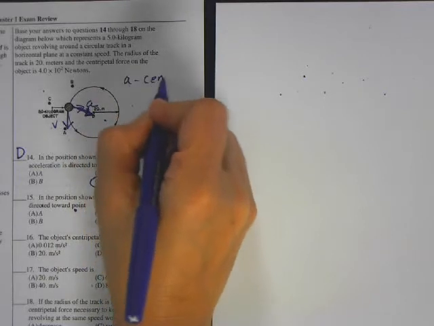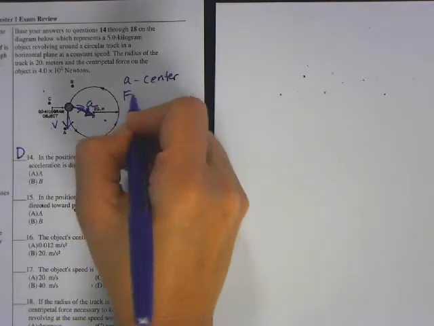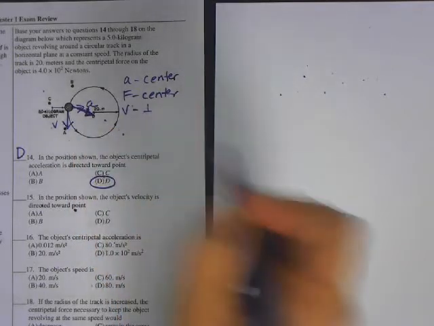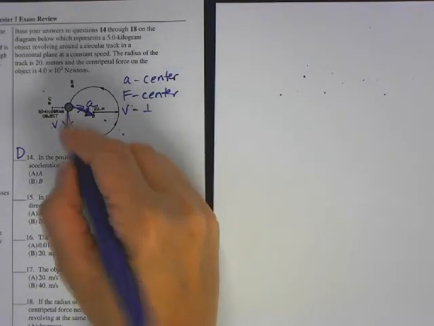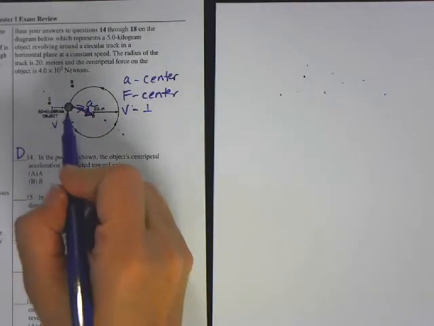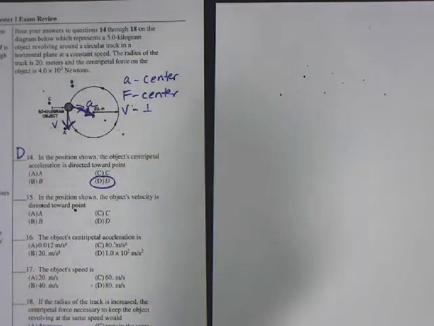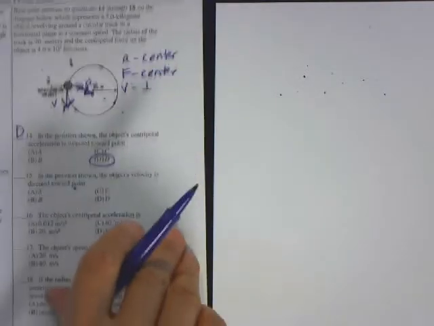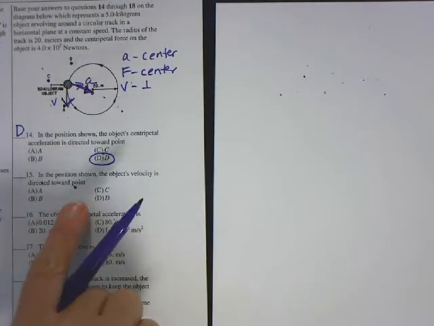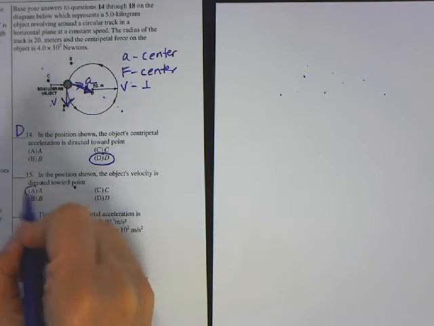The force is always towards the center, and the velocity is always perpendicular to the radius. And the other thing about the velocity, you see how it's going in this direction? That's how I know it's pointing this way and not up. So that's another mistake you can make. In the position shown, the object's velocity is directed towards point, so we know that one's A, and that's why it's not B. It has to go in the same direction.